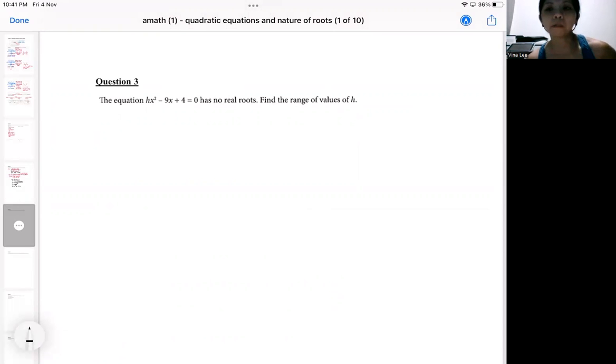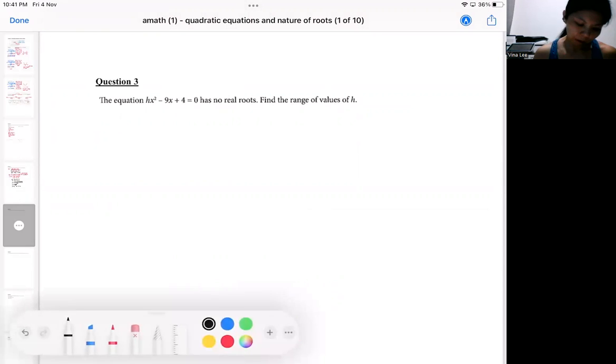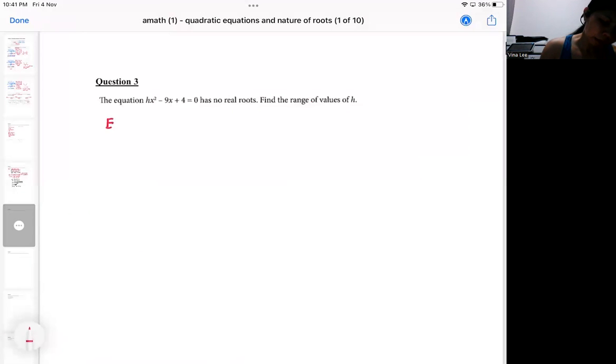We are supposed to find the range of h. Again, I'm going to explore the equation. Every time we explore the quadratic equation, you must be able to tell your a, b, and c, compared to the general format.